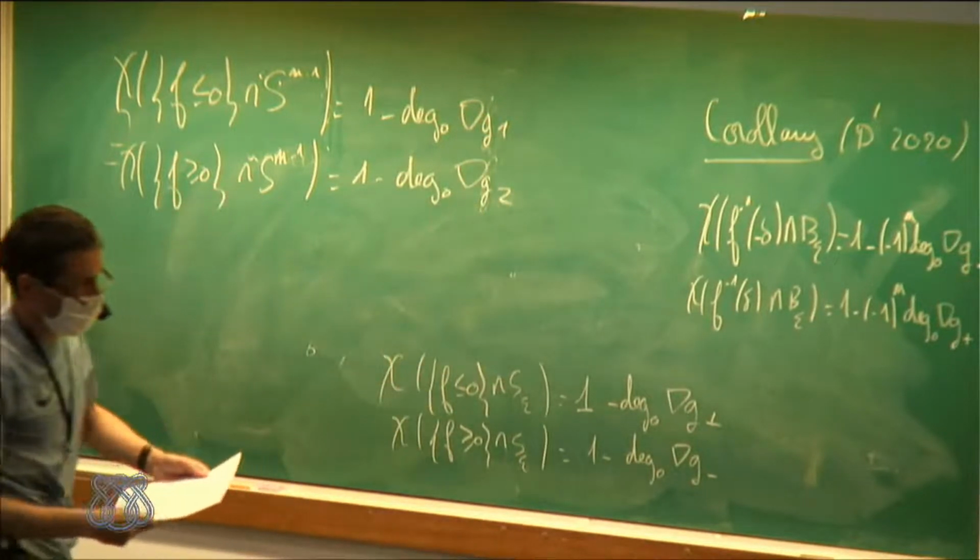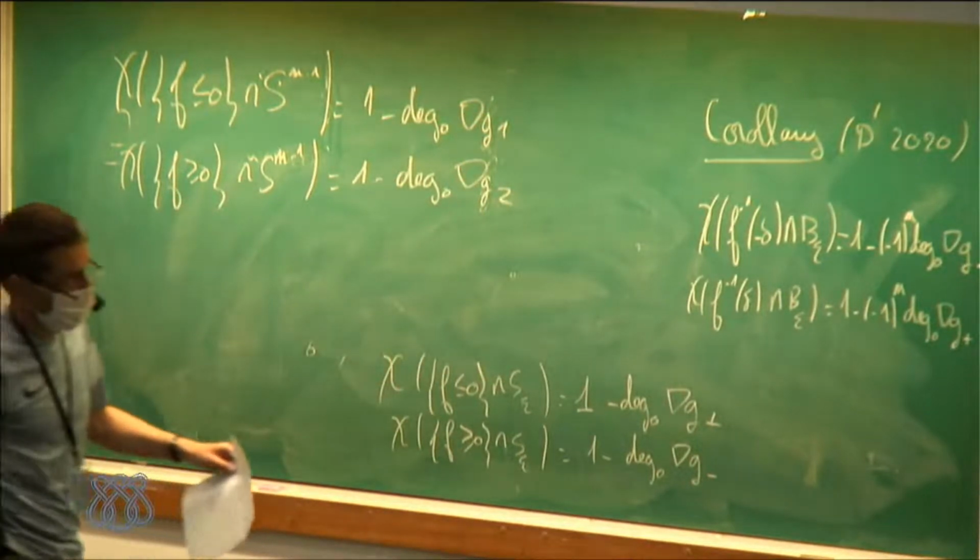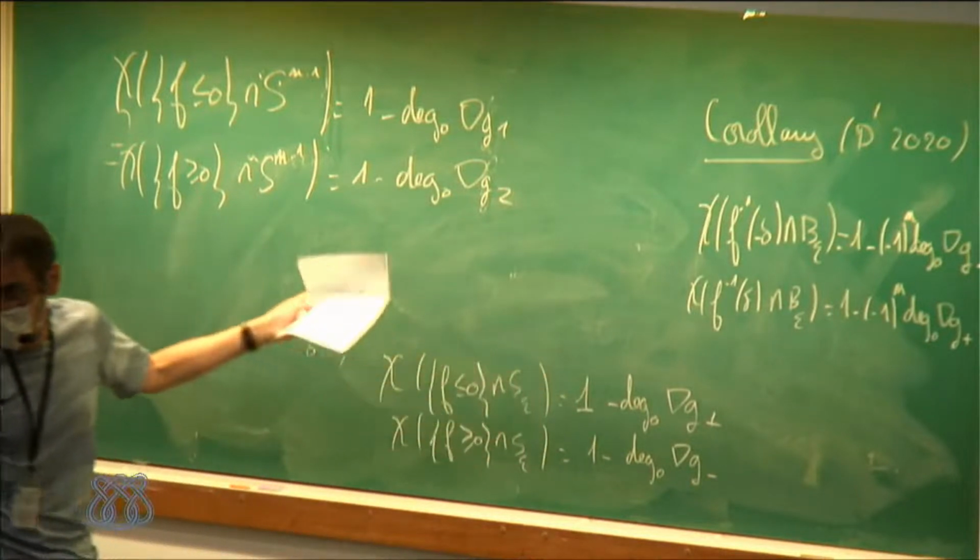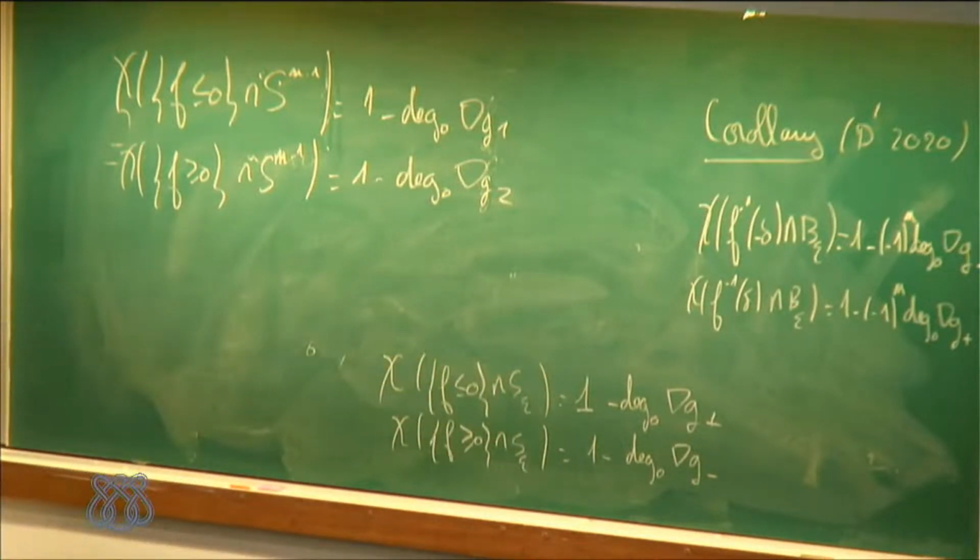So as a corollary of my lemma, we get the formulas for the fiber of a weighted homogeneous polynomial.